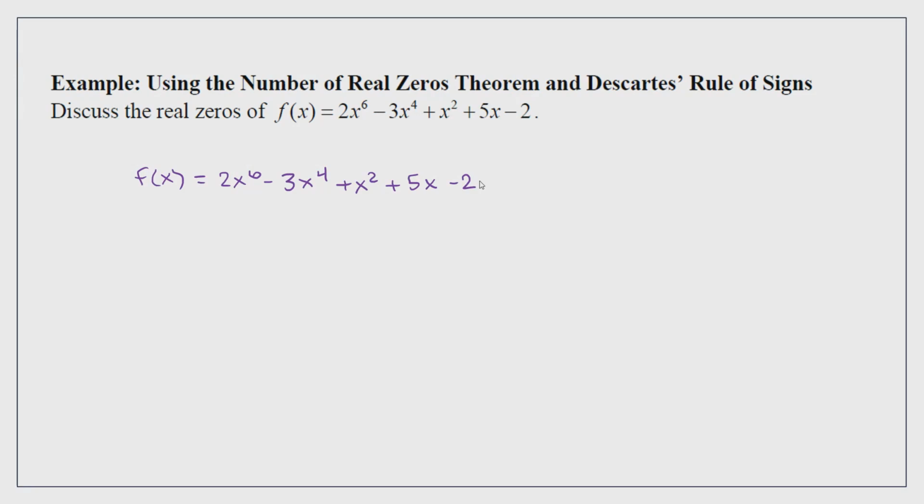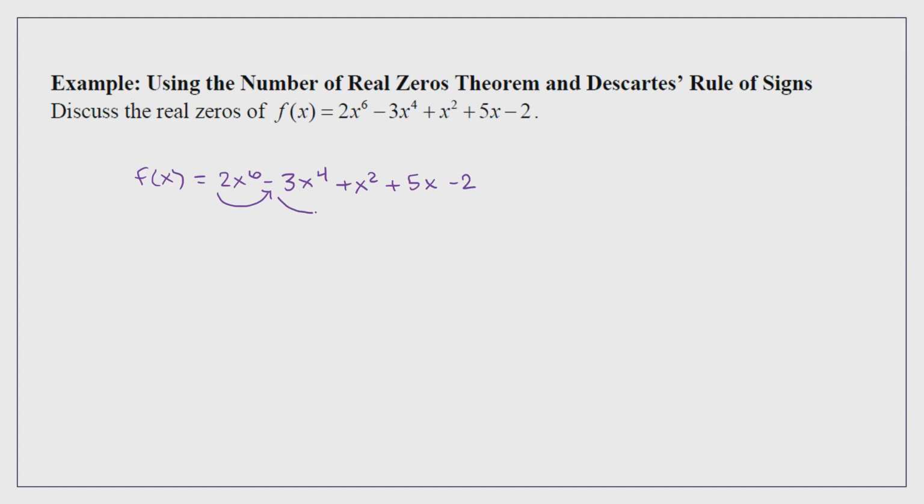And I'm going to identify all of the variations in the sign of the non-zero coefficients. In other words, I'm going to identify all of the sign changes of the coefficients. So our first term, 2x to the 6, is positive. The next term is negative 3x to the 4th. The sign has now changed from positive to negative. Now, if I go to my third term, it's a positive x squared.